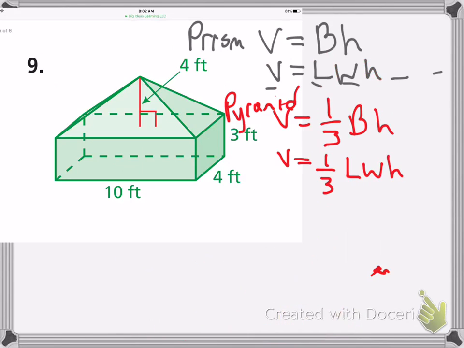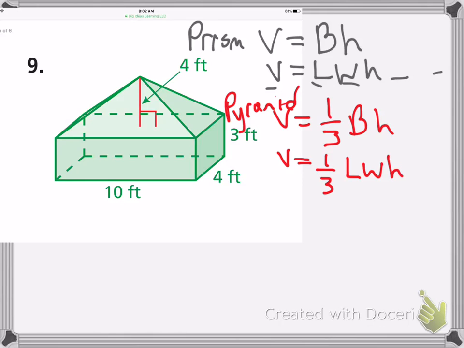Our next one, our last one, we have a rectangular prism again, and we have a rectangular pyramid. And right here we're combining the two figures to make up our composite figure.